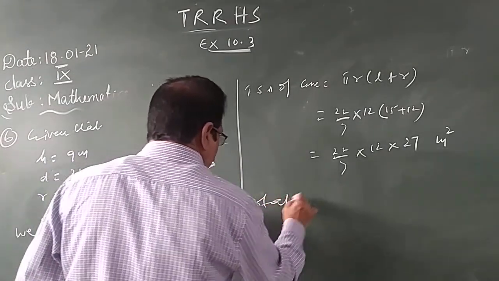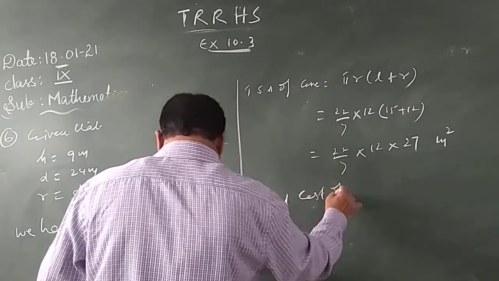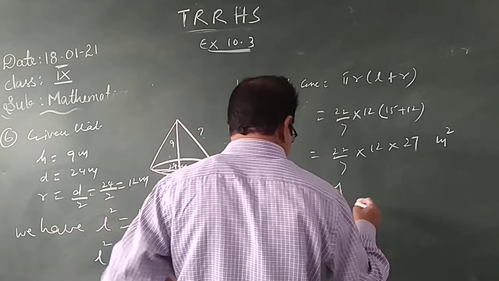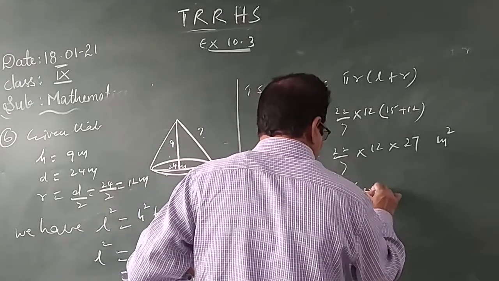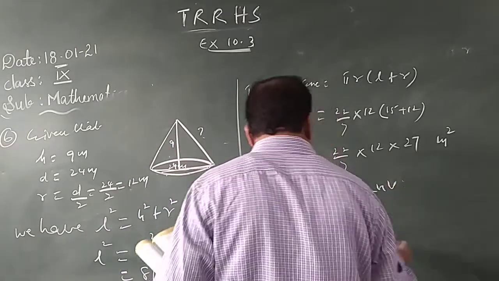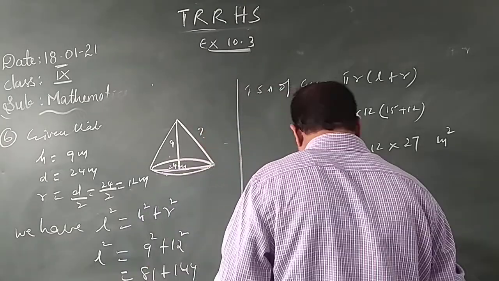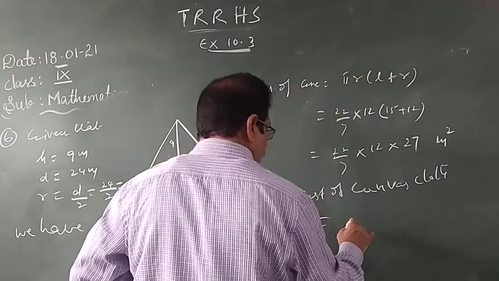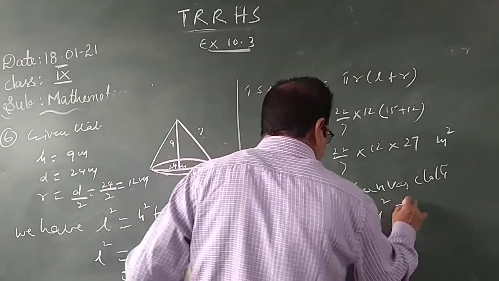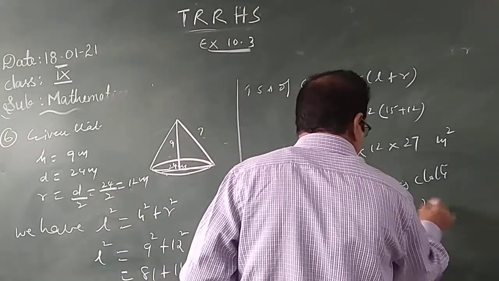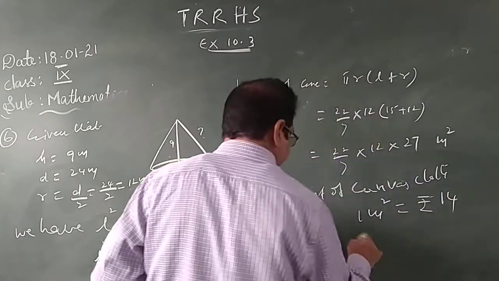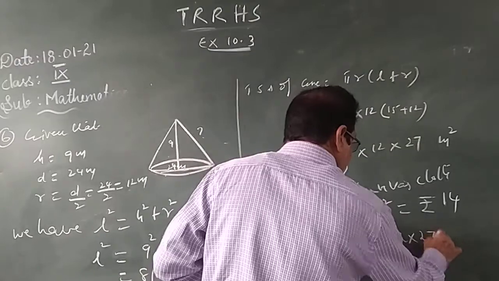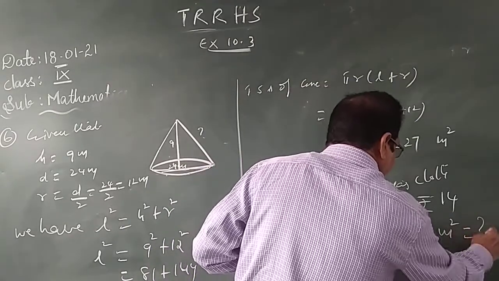Total cost of canvas cloth required. Total cost of canvas cloth: 1 square meter is equal to 14 rupees. So 22 by 7 into 12 into 27 square meters equals how many rupees?